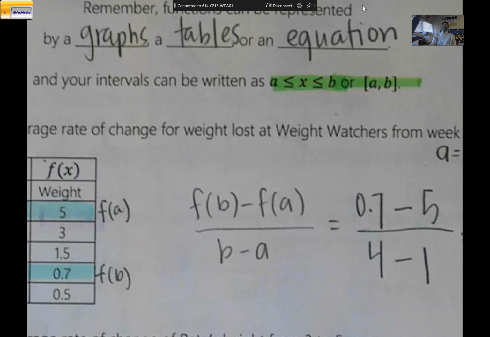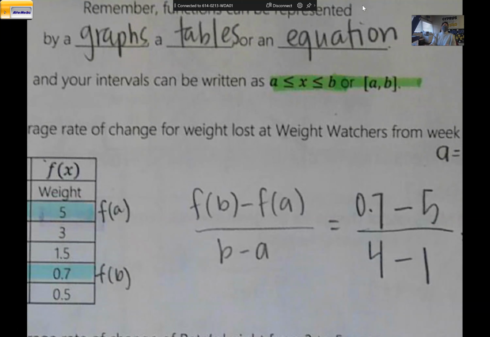And then the last thing that they want to remind you of is that your intervals can be written as an inequality, like a less than or equal to x less than or equal to b, or just an interval a to b. That's a lot of information, but I promise you, it's not as overwhelming as it might seem.